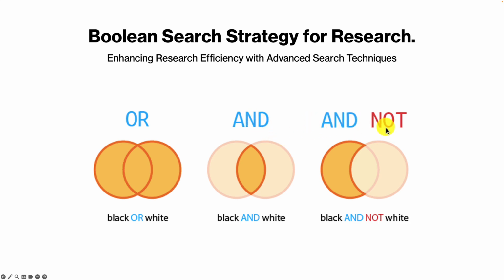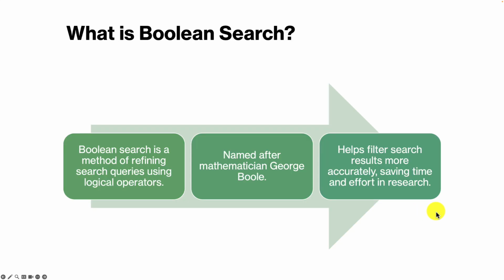And if we use and not, then we get very specific papers, right? This is saying I'm not looking for colors in general. I'm looking for specifically the color black versus white. So this is a bit more focused on a particular aspect of what we are trying to research. So this is a way to really refine our search inquiries, and it gets tricky.